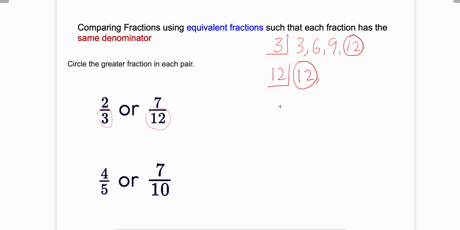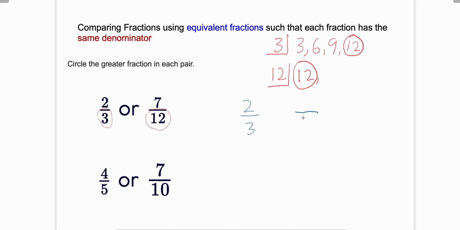So let's rewrite 2/3 as an equivalent fraction. So what is your desired denominator? Your desired denominator is going to be 12. Let's write it big over here, 12.